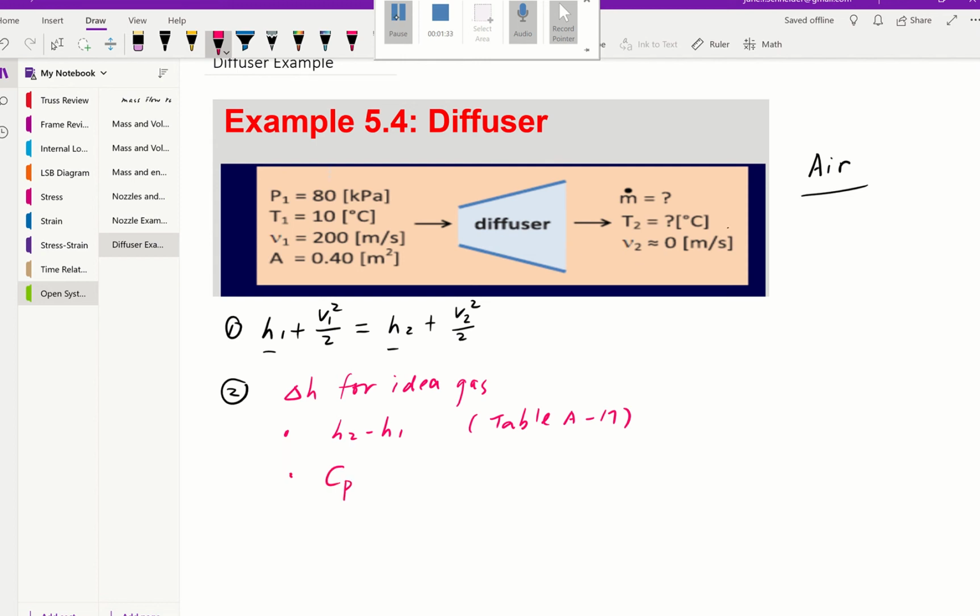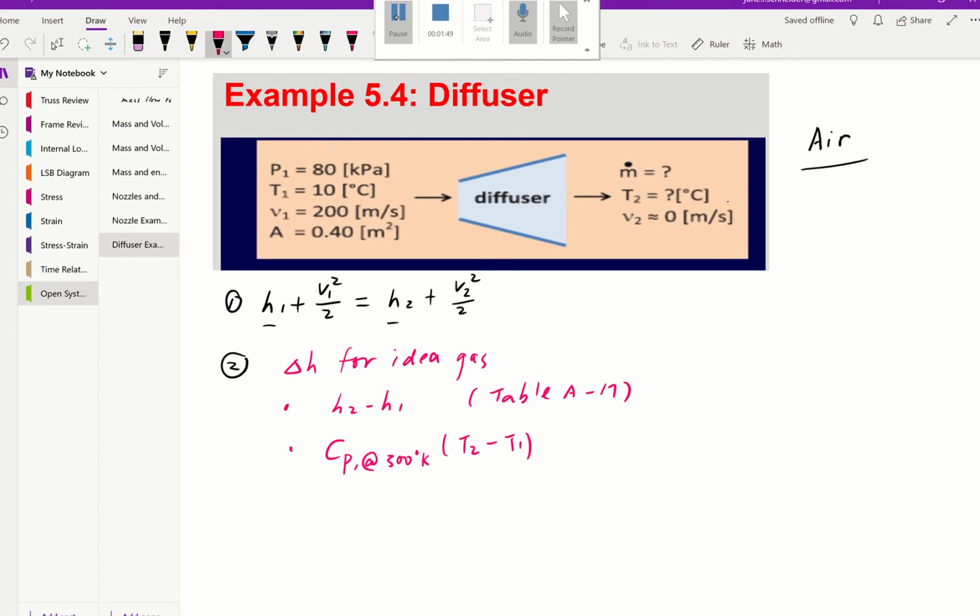If it's finding delta u, we would be using Cv, but for delta h, it's going to be constant pressure, Cp at 300 Kelvin, times T2 minus T1. Or the third method is Cp at the average temperature, times T2 minus T1.